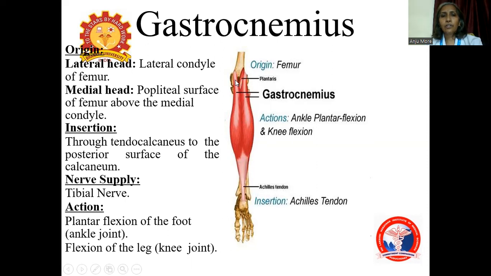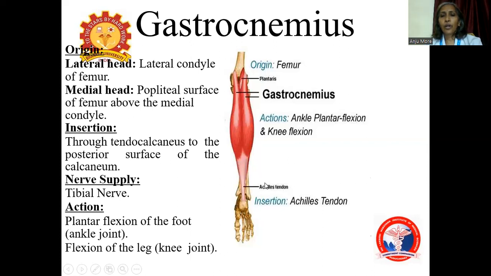For insertion, the muscle forms a tendon called tendocalcaneus and it is in turn attached to the posterior surface of the calcaneum. So this tendocalcaneus is also called as Achilles tendon or tendoachilles. Nerve supply is tibial nerve.